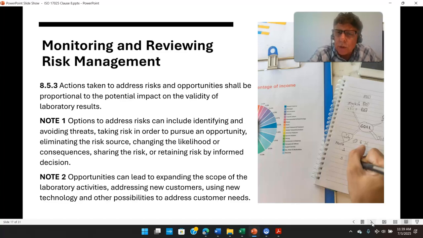So if you decide to do a scope expansion, say you're already accredited and you want to add more tests or calibrations to your scope of accreditation, that is an opportunity for improvement because it might give you more revenue from your customers, but there may be a risk involved. You have to do training, you have to do all those things.